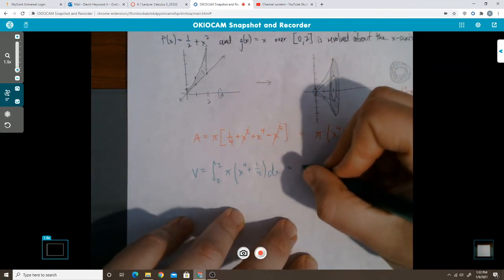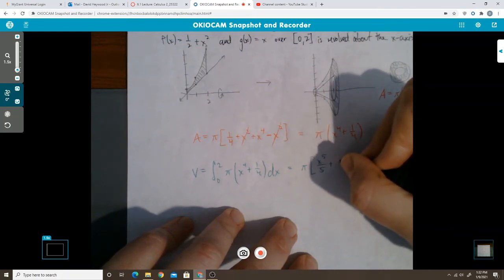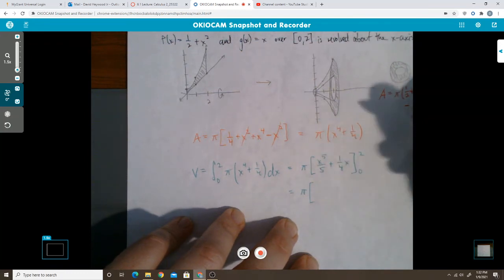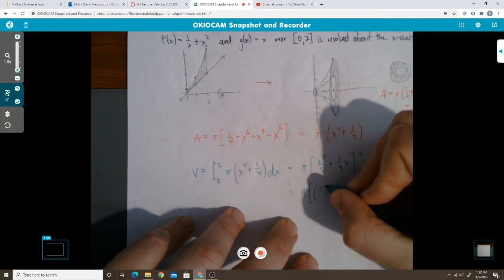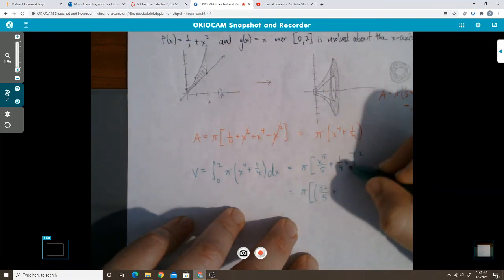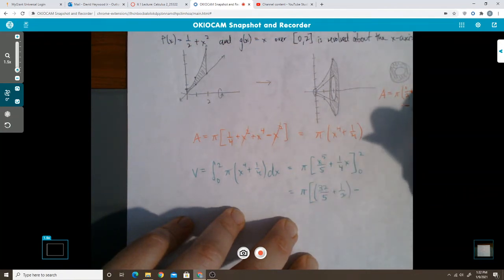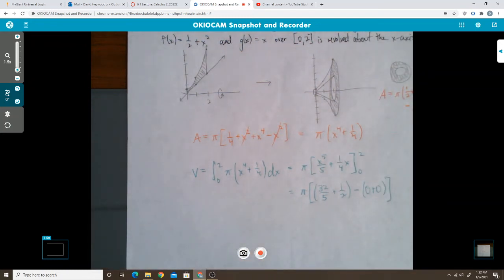Okay, so that's pi times x to the 5th over 5 plus 1/4 x, evaluated from 0 to 2. So that's pi times 2 to the 5th is 32, 32 over 5, plus 1/4 times 2 is 1/2. And then when we plug in 0, we're just going to get 0.